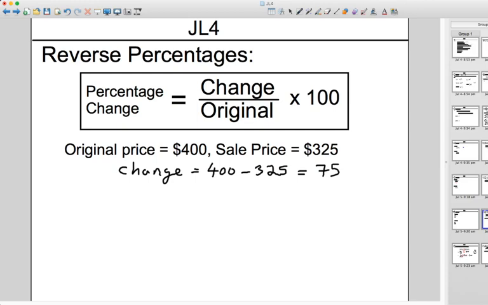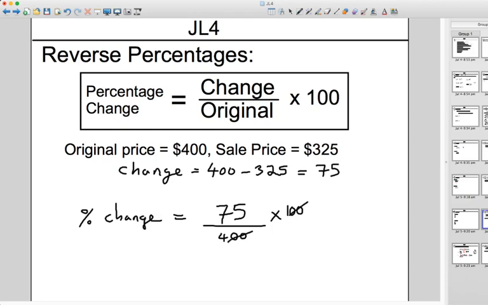Okay, and then I'm going to put into my formula percentage change equals 75 over my original, which was 400, and times by 100. 400, well, that's the same as 4 times 100, which means the zeros will cancel.